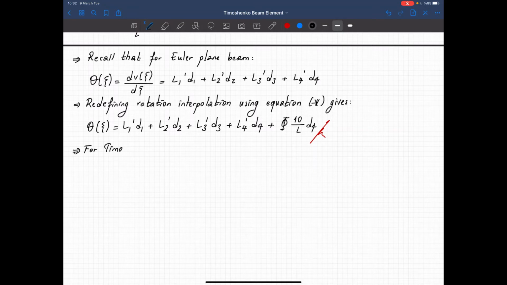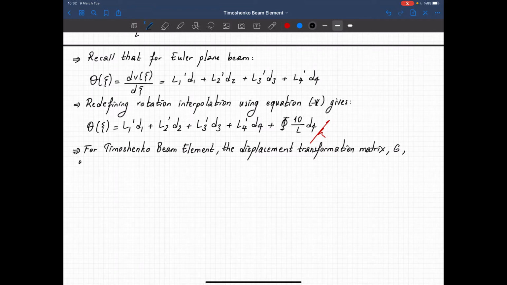So for Timoshenko beam element, the displacement transformation matrix, so G is equal to, this part doesn't change because the displacement interpolation is the same.